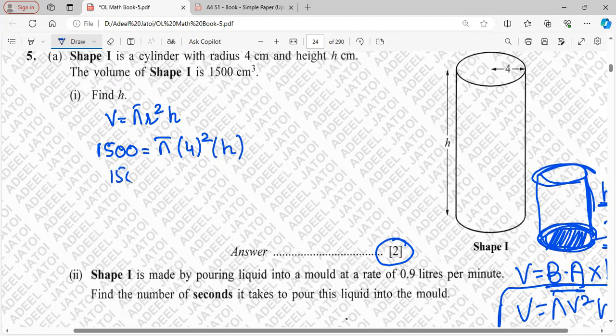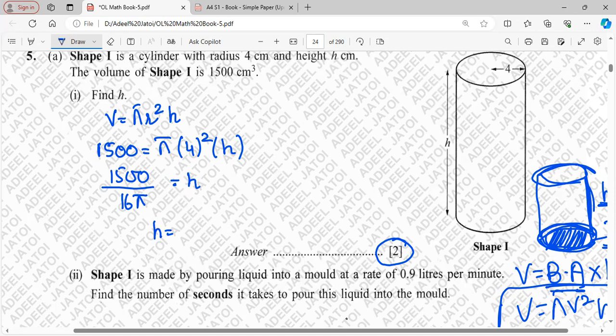So this should be 1500. 16 pi should be divided because 4 square is 16. 16 pi is being multiplied with h, so it should be divided on the other side. So what you are getting is h is equal to 1500 upon 16 pi. What else do you need? You need a calculator to calculate this.